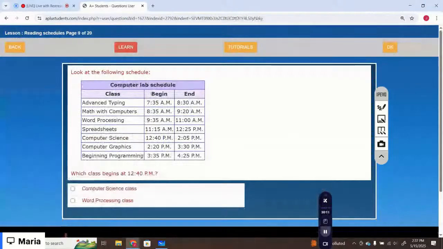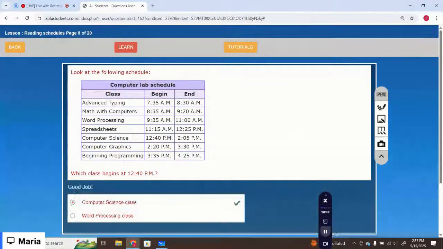Which class begins at 12:40 p.m.? At 12:40, the computer science class begins. The correct option is option number one.